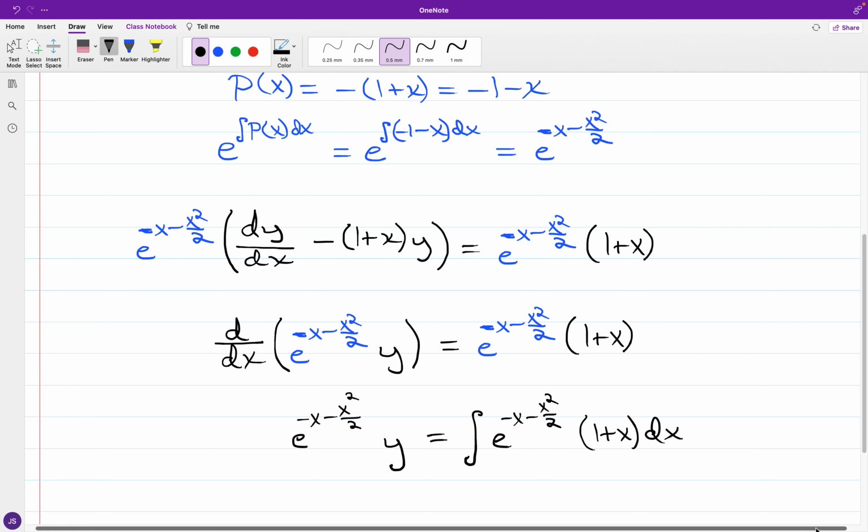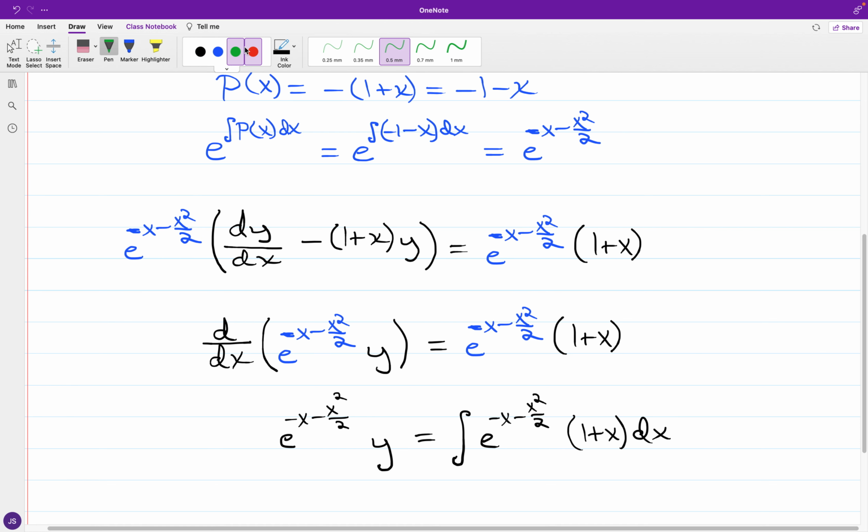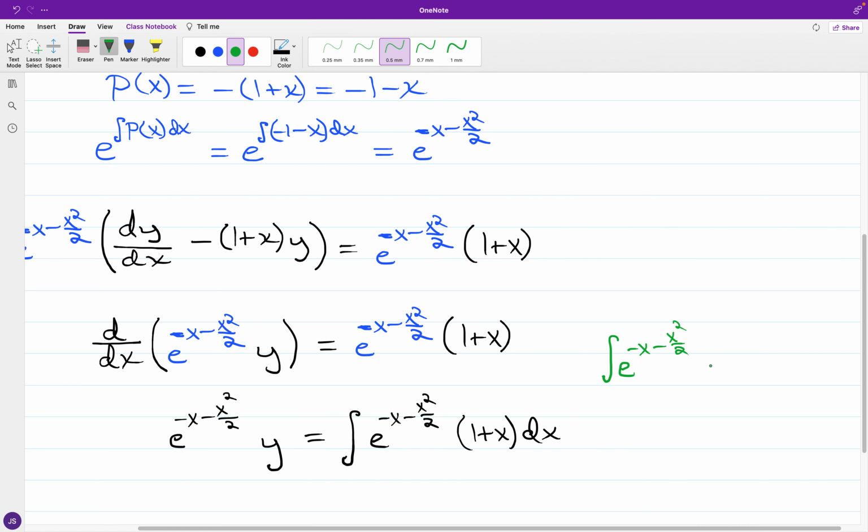And for what I have on the right, I can use substitution. So if I just step to the side here, I have e to the negative x minus 1/2 of x squared times all of 1 plus x dx.